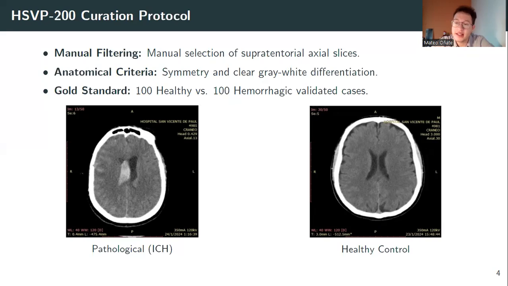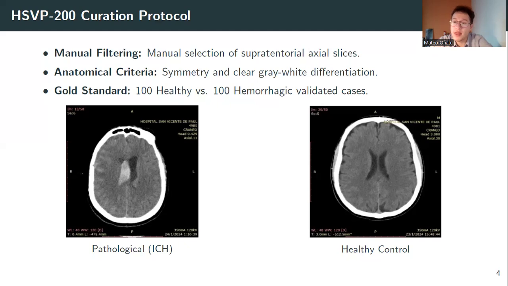We manually selected 200 slices that meet the strict anatomical criteria. These criteria are clear gray and white matter differentiation, midline symmetry, and visible bilateral ventricles. The expert-validated gold standard is the first systematic analysis of clinical data heterogeneity in Ecuadorian repositories.